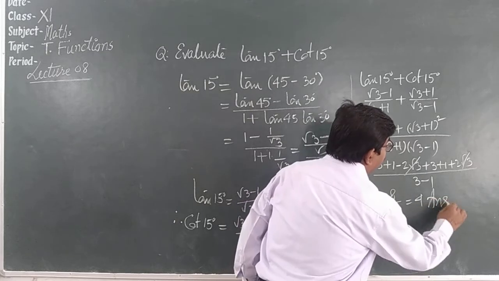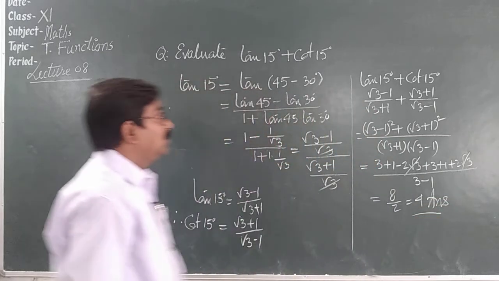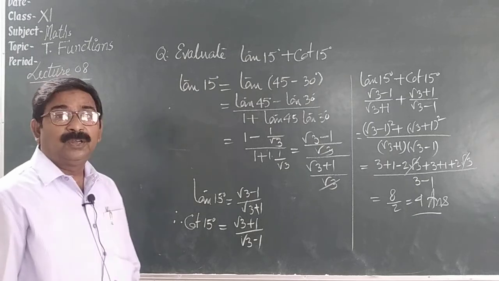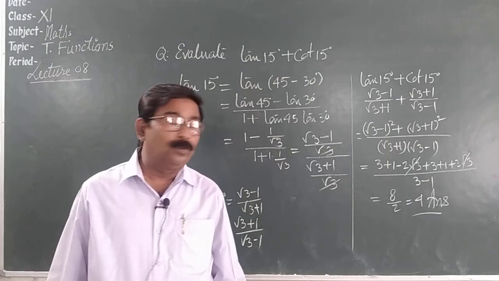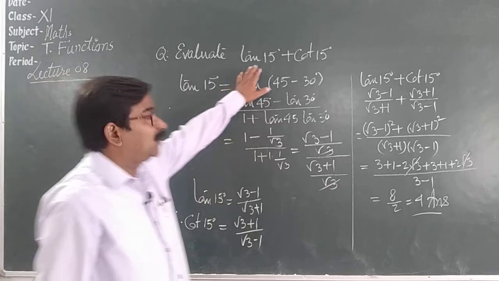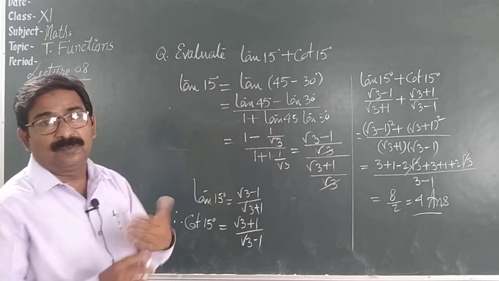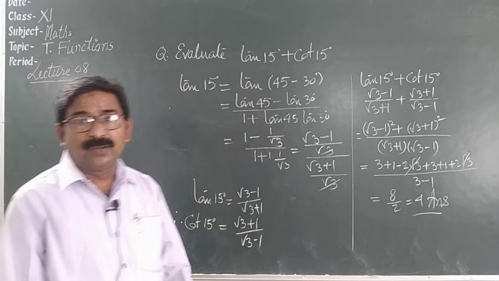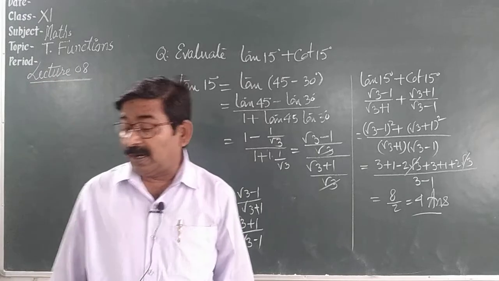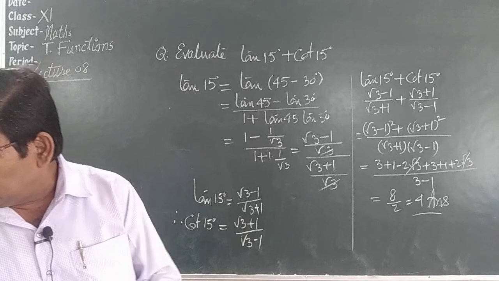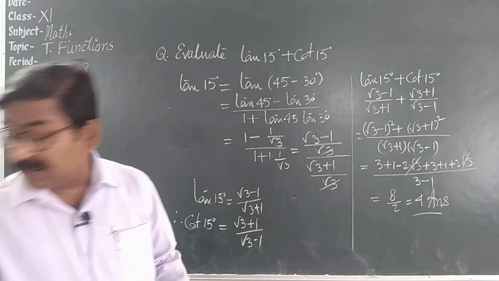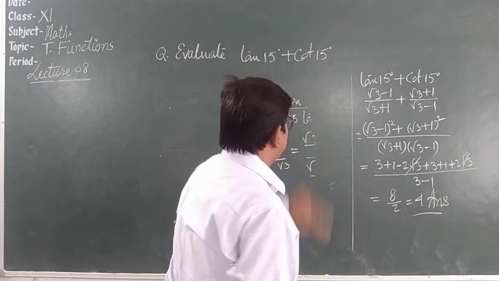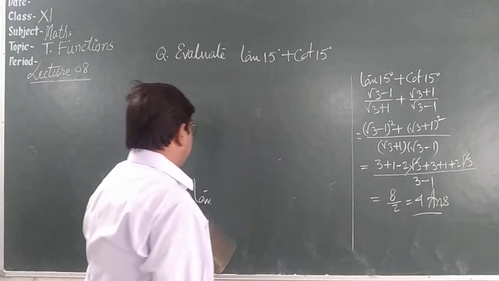So 4 is the answer of this question. So tan 15 degree plus cot 15 degree is equal to 4. So this is how you can find the value of one of them, get the reciprocal of that to get the value of the other, and add the two values. Got it? So I am giving one more question for you. You can try this.